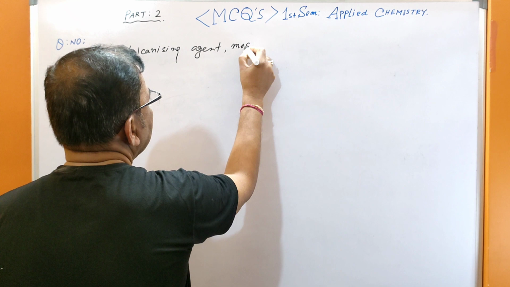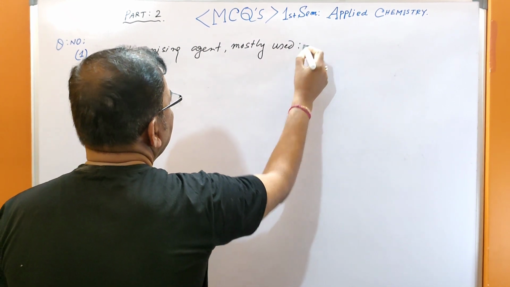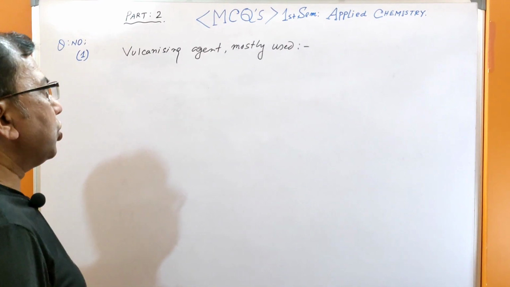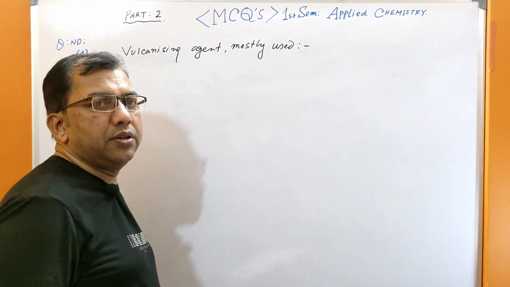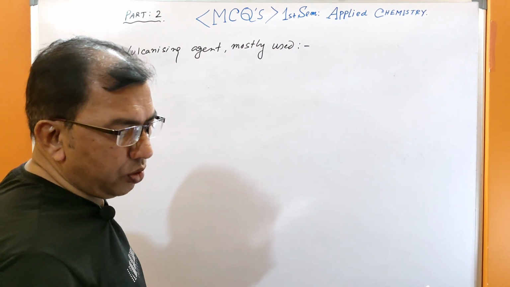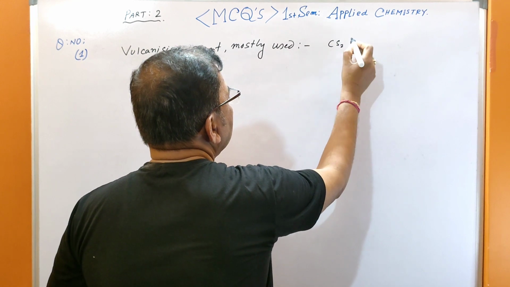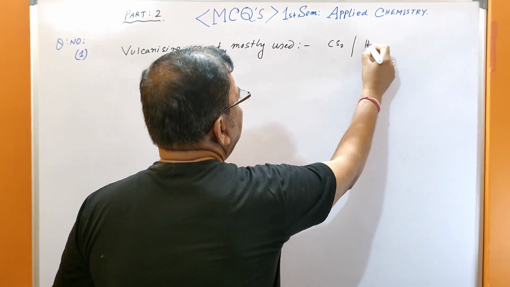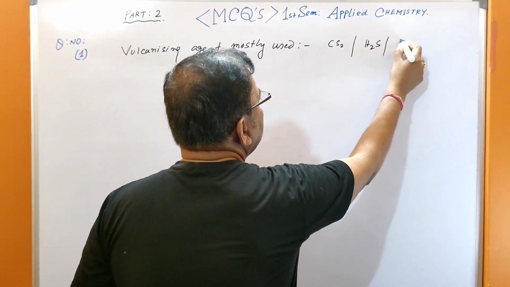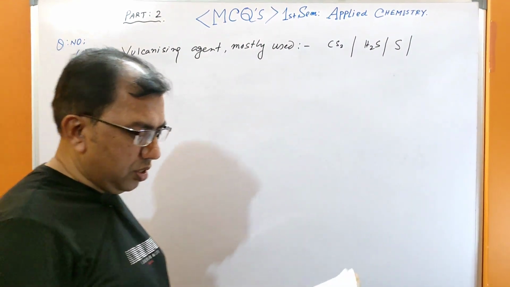You have to write the answer which is used as a vulcanizing agent. Okay, so the options are CS2, H2S, sulfur, and SO2.